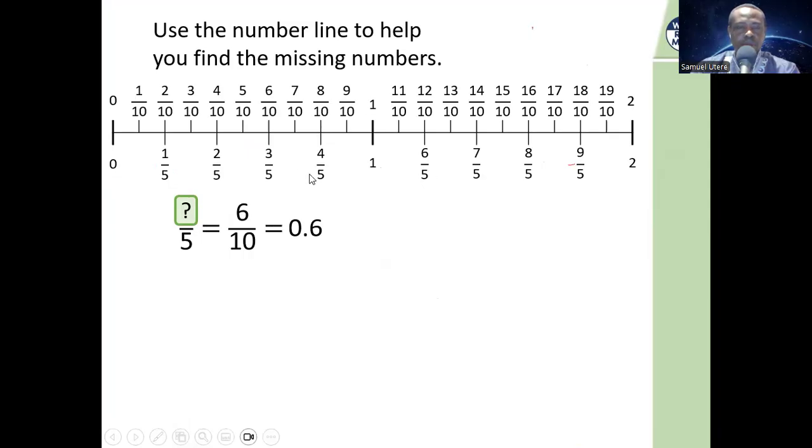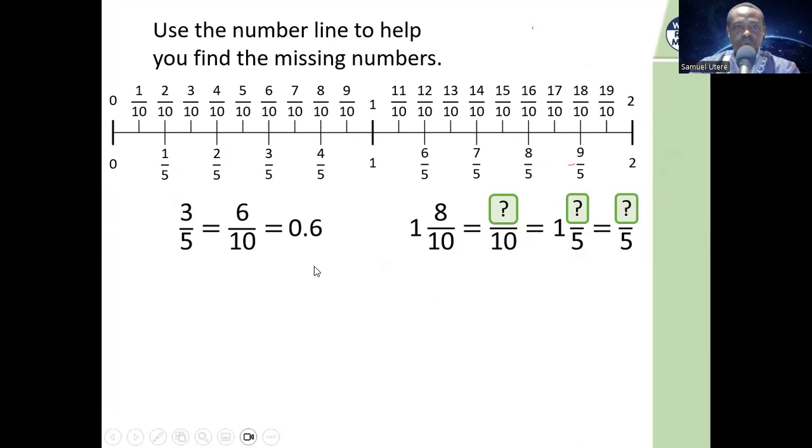It's increasing by 1/5 every time. So notice that 1 is the same thing as 5/5, 5 divided by 5. Now, using this information, how do we complete these statements? Using your number line, which we've completed, you can see that 6/10 is 3/5.